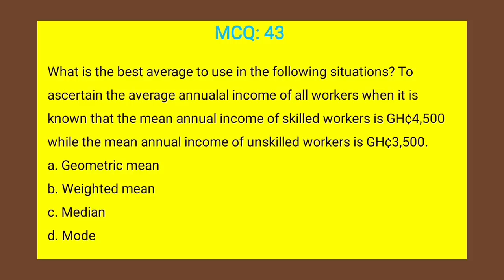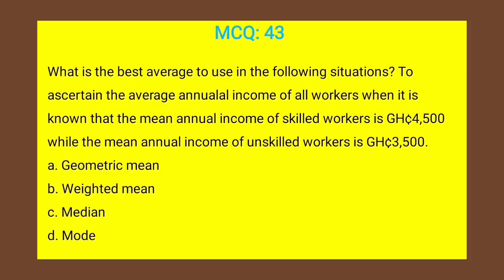It means that they have assigned weight to each class of workers. Those who are skilled are paid high, 4,500, but unskilled workers are paid 3,500. So it means that you have assigned weight to each group of workers, and in here, the best average to use is the weighted mean, because you have assigned weights to the skilled and unskilled workers.